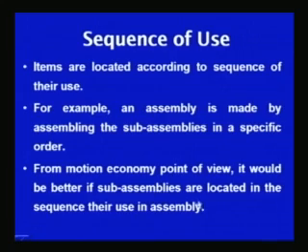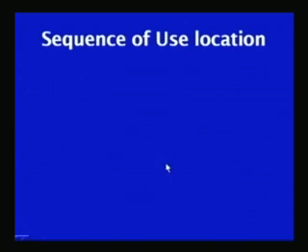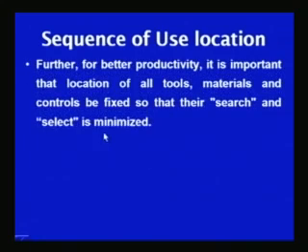However, from the principles of economy point of view, it would be better if the controls and sub-assemblies are located in the sequence of their use. So, for better economy of the work and for increased productivity, it is important that the locations of all tools, materials and the controls be fixed in such a way that the search and select is minimized.